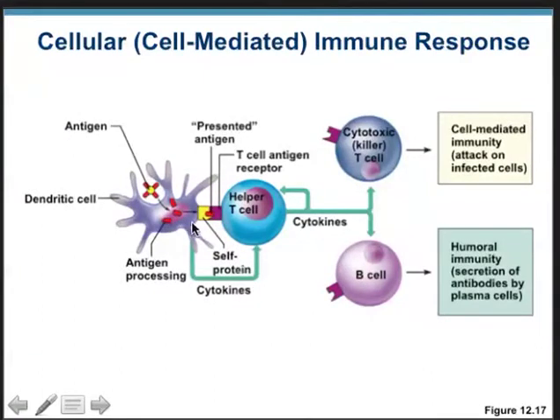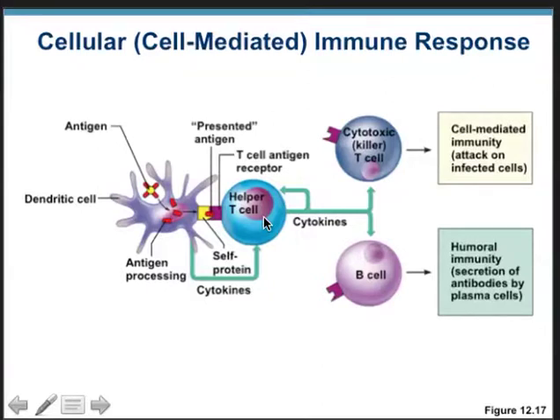It's this complex that the T cell receptor will bind to if we have the proper T cell. Again, we have a billion different types of T cells in the body, each with different specificities. What will happen as a result is that there will be a chemical signal released from the antigen presenting cell that will stimulate the helper T cell to become activated.